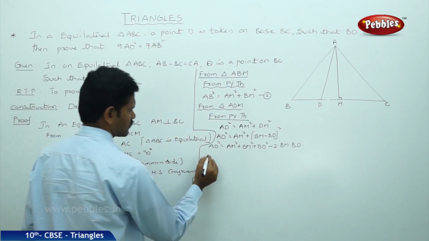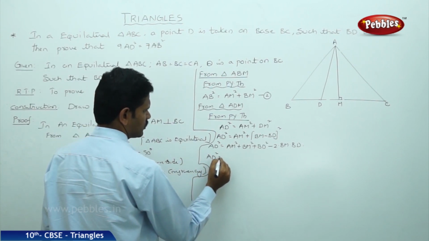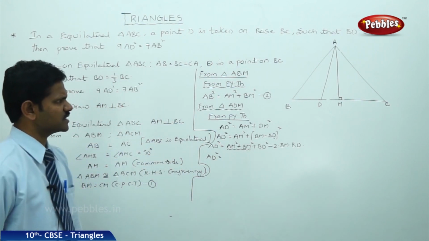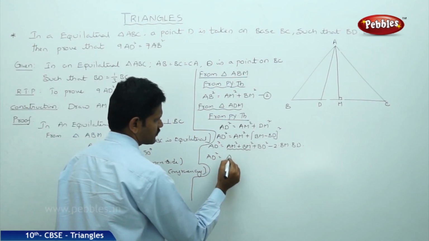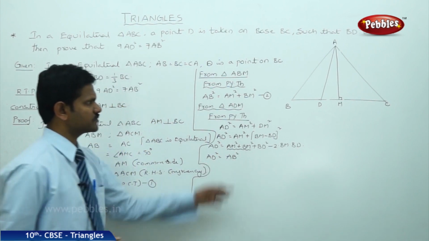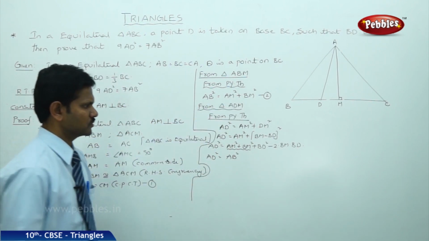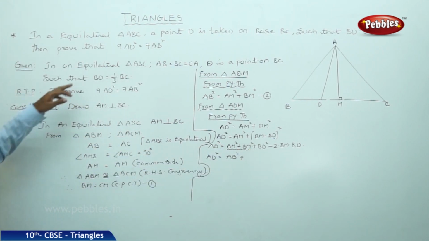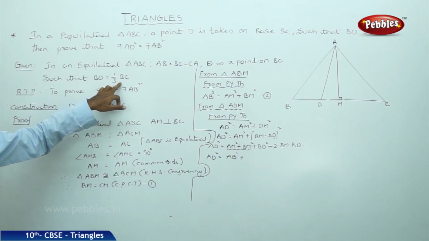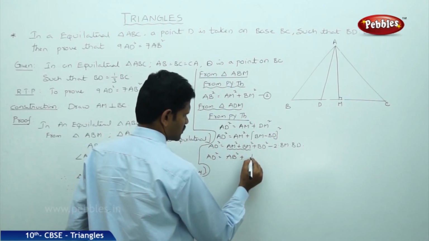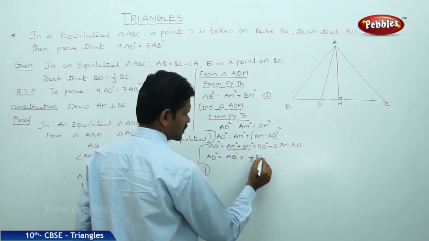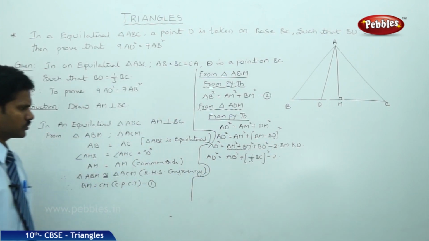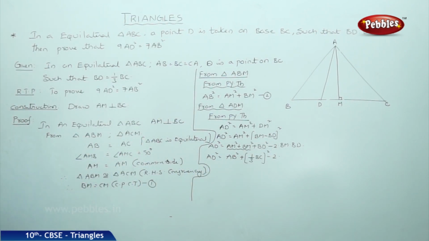That is, AD square is equal to AM square plus BM square, which is nothing but AB square, from equation 2, plus BD, which is nothing but 1/3 of BC, that is (1/3 of BC) whole square, minus 2 into BM, where BM is equal to CM.